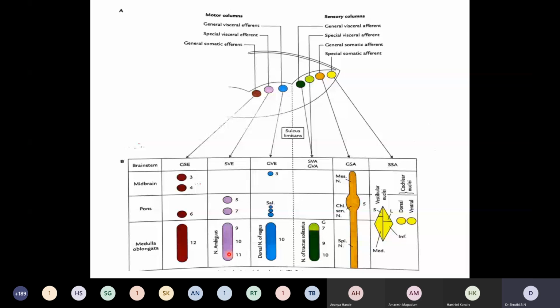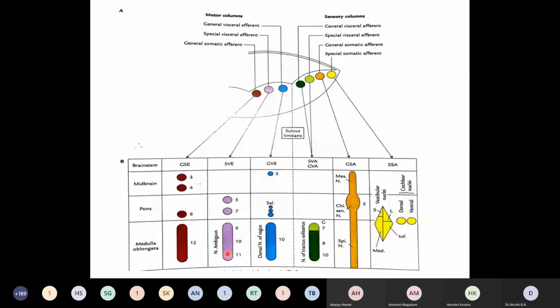Nucleus ambiguus means you should not wonder where it came from. It is the united nuclei of these three cranial nerves, 9th, 10th and 11th. Part of the rootlets arising from the cranial part supplies the 3rd arch, from here the 4th arch, and from here the 6th arch.